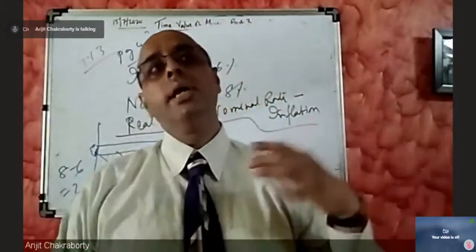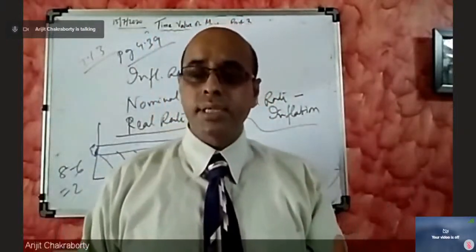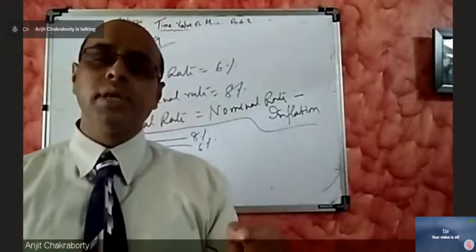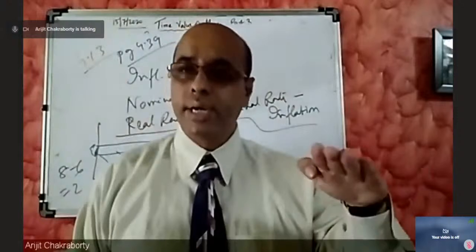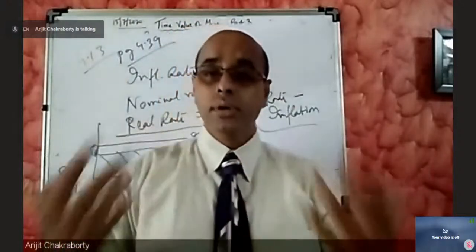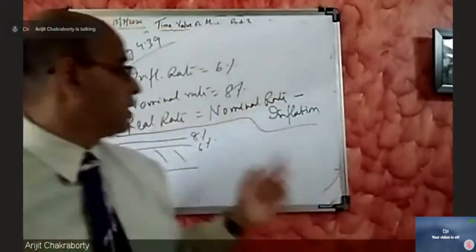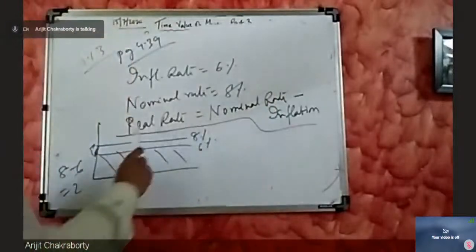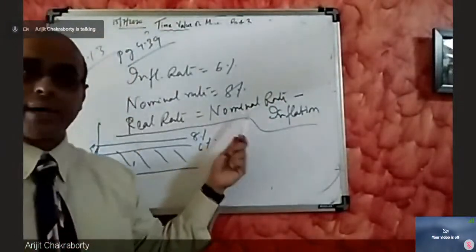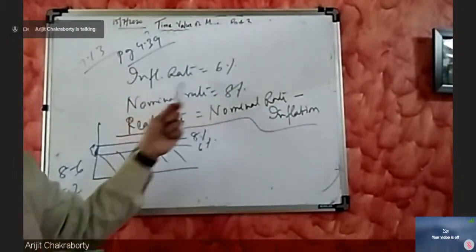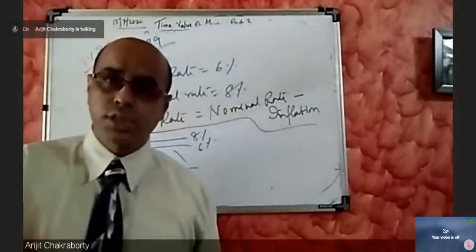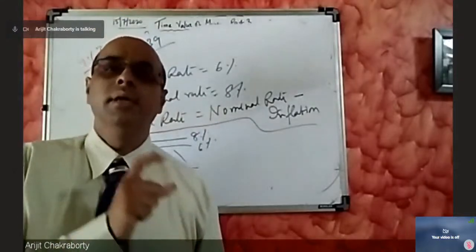Inflation is a gradual increase of prices which leads to a reduction of purchasing power. Deflation is a gradual softening of prices, reduction of prices which leads to increasing purchasing power. So please remember that the real rate of return is equal to nominal rate minus inflation. So if my nominal rate is 8% and my inflation rate is 6%, my actual real rate is 8 minus 6, that is 2%.